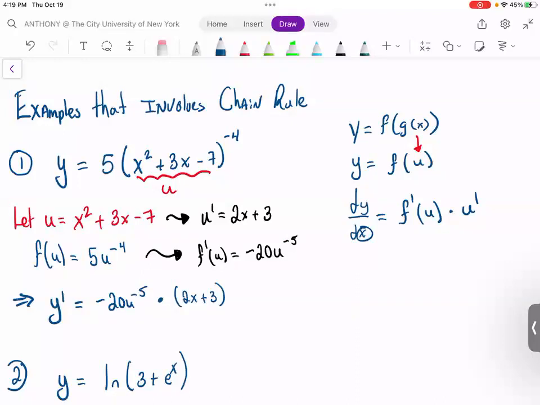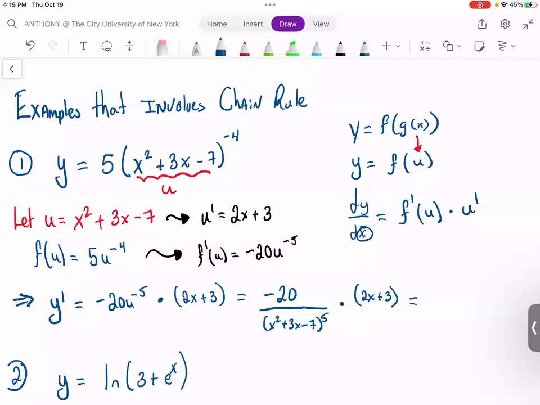So you rewrite the u based off of what it was originally defined as. And because the power was negative, you could bring it down into the denominator with a positive exponent. So this will be negative 20 over x squared plus 3x minus 7 raised to the fifth power times 2x plus 3.